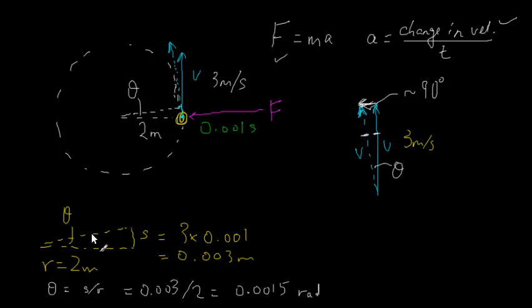So now I have my angle. Let me look at this triangle again. I have this angle. I know that this is isosceles. The two sides are equal, and I know the length on this side. So in principle, I can solve this triangle using trigonometry, maybe sine and cosine, to find this length.